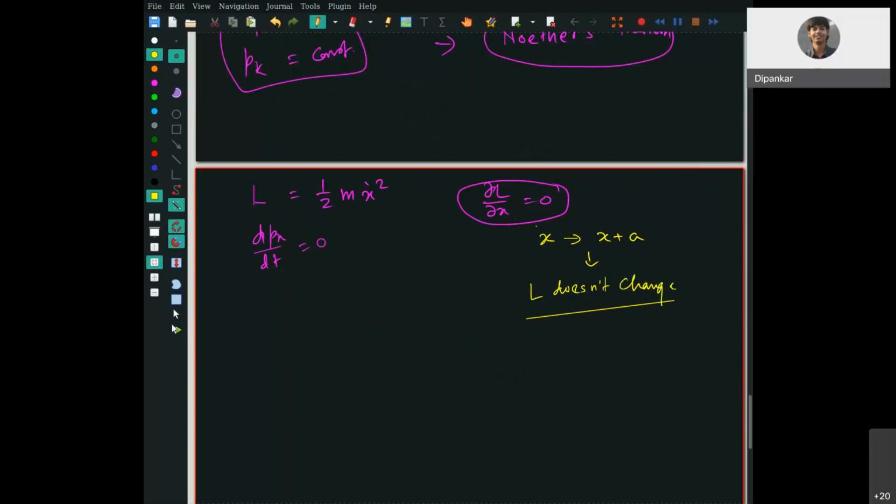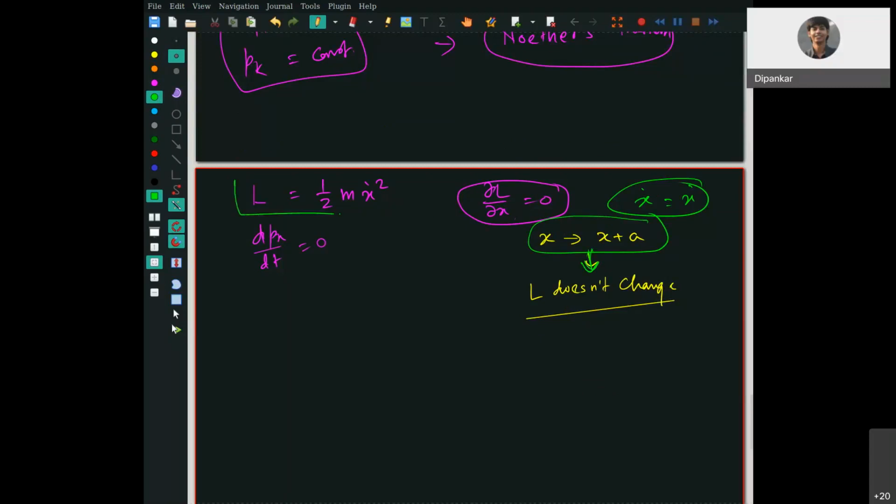Because if I shift my origin, still x dot equals x dot. I do not do anything with x dot. But I am shifting my origin, so I am translating. So that means that this Lagrangian has a translational symmetry. This Lagrangian doesn't tell me where to choose my origin.